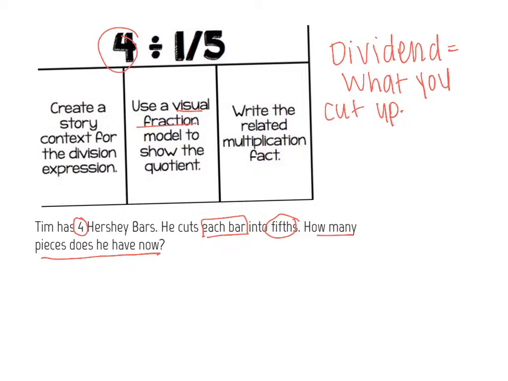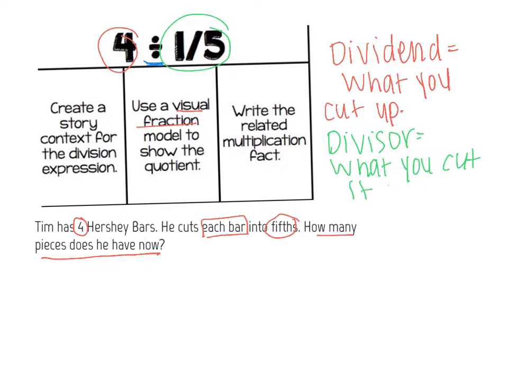It goes dividend divided by the divisor. The divisor is what you're cutting it up between or by.